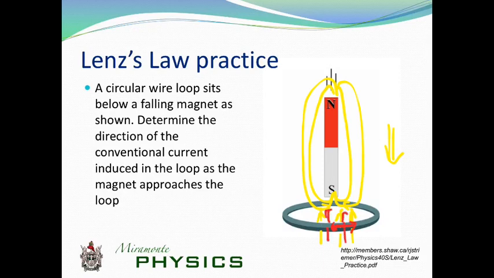That's not what you want. So instead, it's got to be going this way, because that's going to set up a magnetic field due to this current that goes down and basically opposes the change happening from the magnet being inserted into the loop.